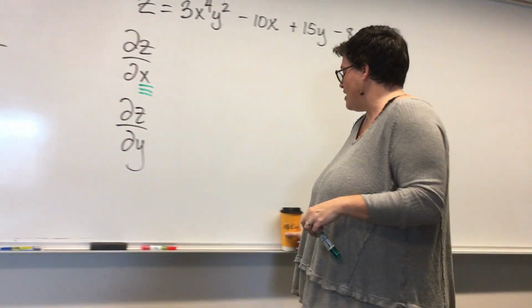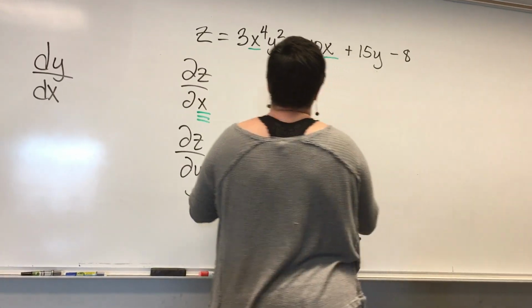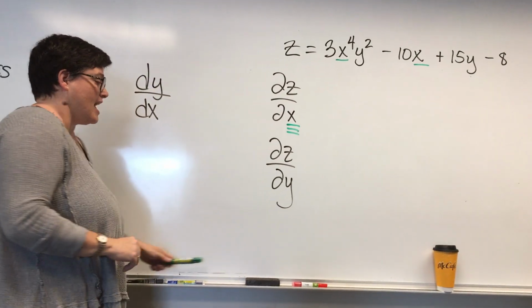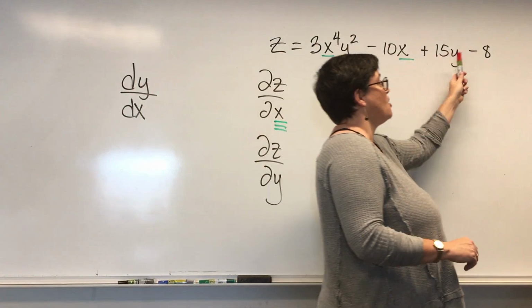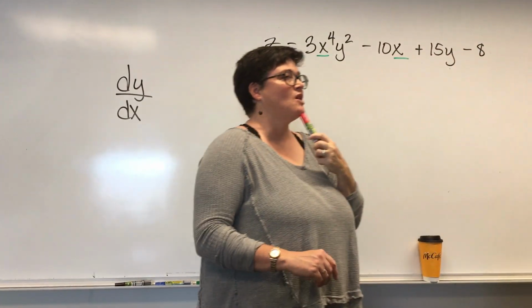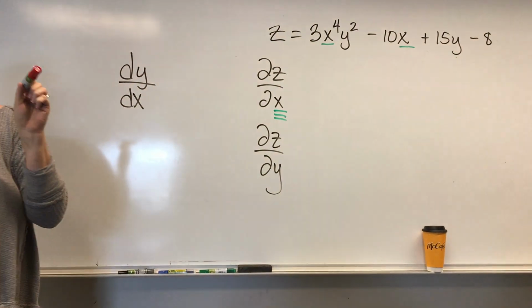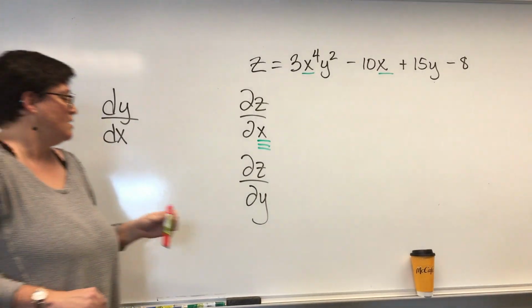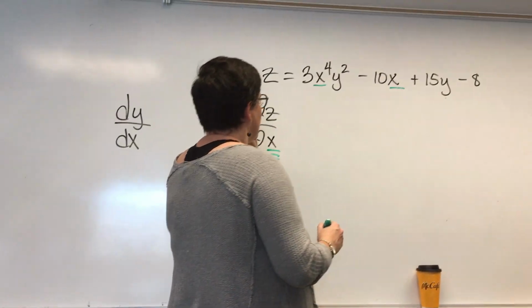So I'm gonna underline all of my x's in the same color. Those are the terms that contain the variable. Every other term that doesn't contain the variable is a constant. And what do we do to constants that are by themselves when we take derivatives? We kill them, they disappear.